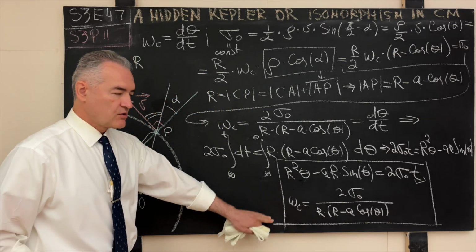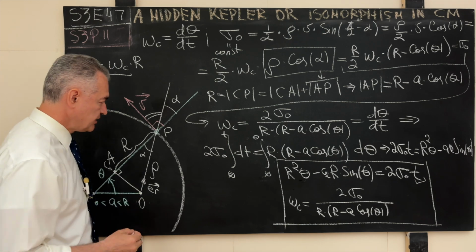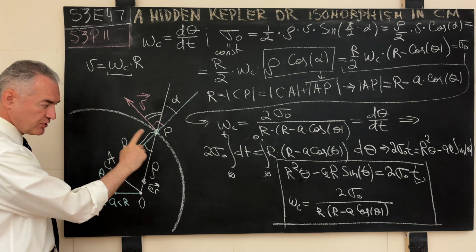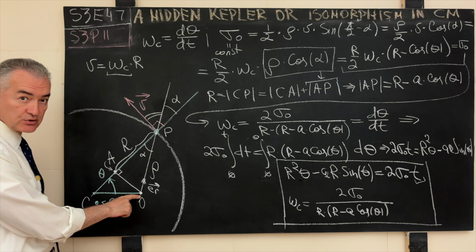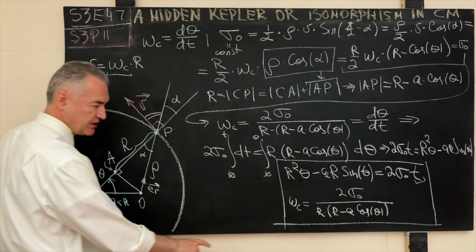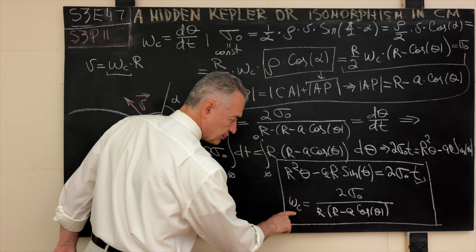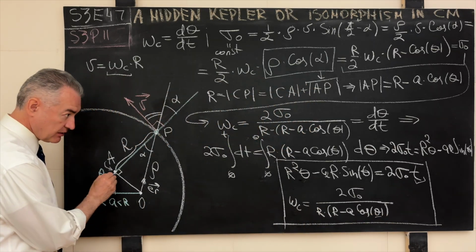So these two equations answer the question that we posed ourselves: what is the angular velocity of the point P that moves over the circle in such a way that with respect to an off-center point O, its areal velocity is constant? Well, here is the answer. This is the explicit function that captures the angular velocity of this point in the angle theta, this angle right here.